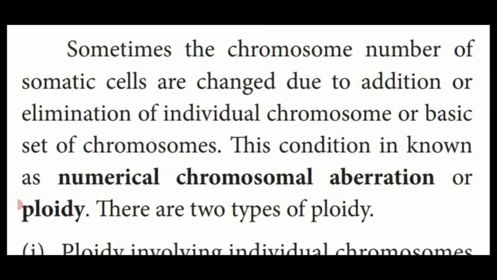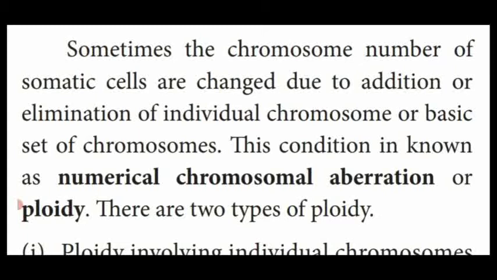Addition means we add one or two more chromosomes along with the diploid set, or we eliminate, that means remove, one or more sets of chromosomes, which changes the chromosomal number. This condition is known as numerical chromosomal aberration or ploidy.